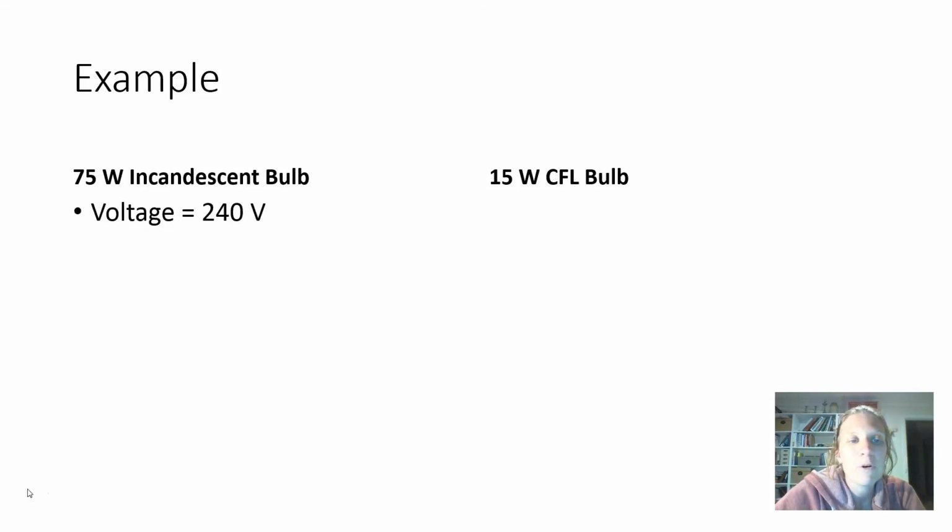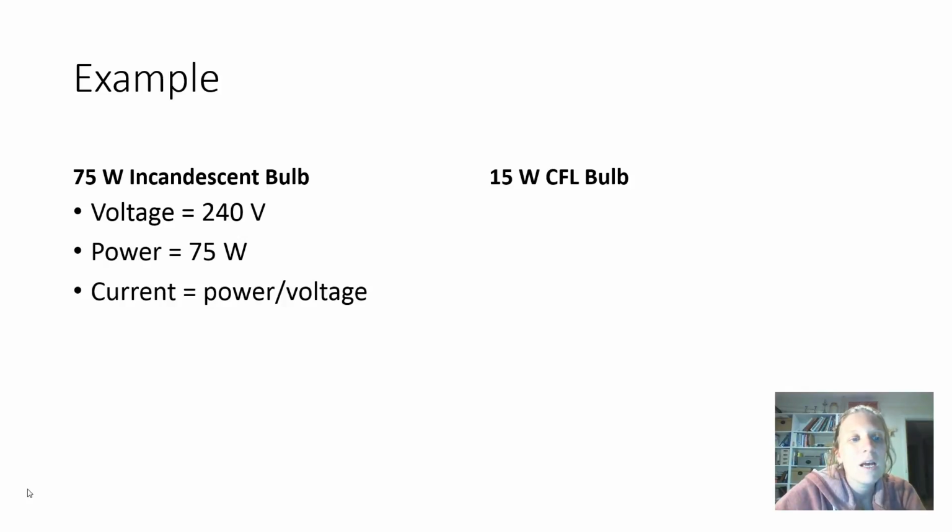All right, well, if we're plugging it in to the mains power supply here in Australia, it'll have a voltage of 240 volts. Its power, we have said from its packet, is 75 watts. Now, remember from a moment ago, power is equal to voltage times current. So if we rearrange that, we find that current is equal to power divided by voltage.